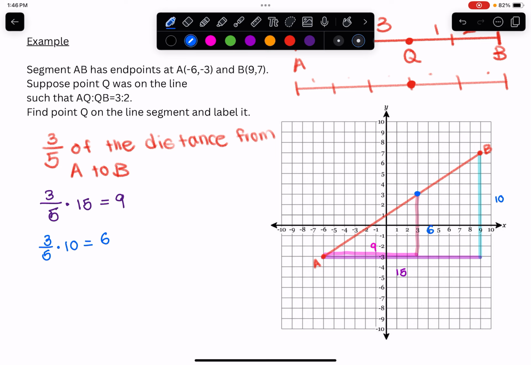So now I have my point Q. Q is at 3, 3, right? And that's how we partition a line based off of the given ratio.